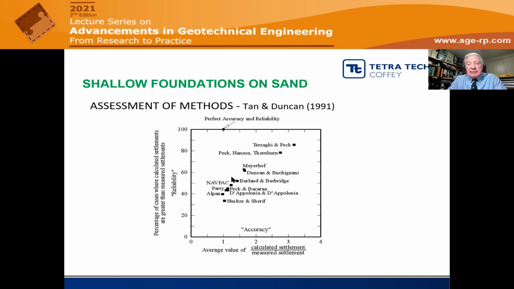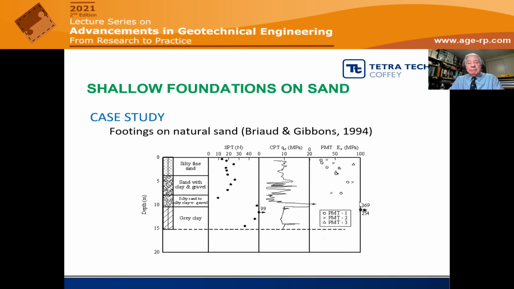What you see is that a lot of our methods are not that reliable, and the vast majority of methods in common use tend to have the calculated settlement greater than the measured settlement. Okay, so we tend to be conservative, which is not that terrible, but it can be really expensive and perhaps not in the best interests of sustainability.